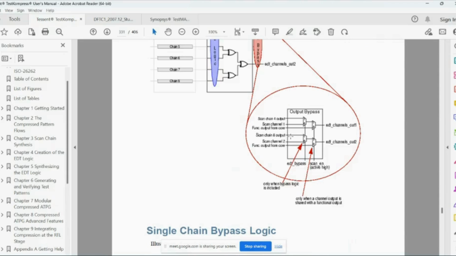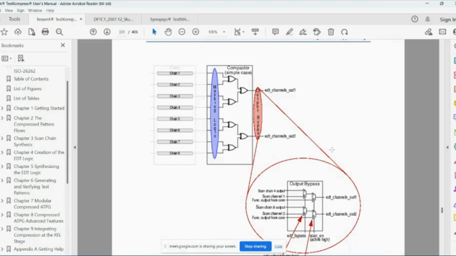Channel 4 and channel 1 merge together, channel 8 and channel 2 merge again. The functional output from the core combined with this will give you EDT channel out 1, EDT channel out 2. Likewise we bring out the original behavior of individual chains. This could look complex, but don't mess it up, it's simple.